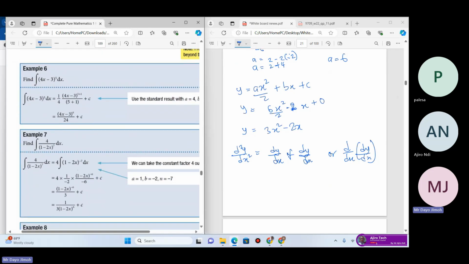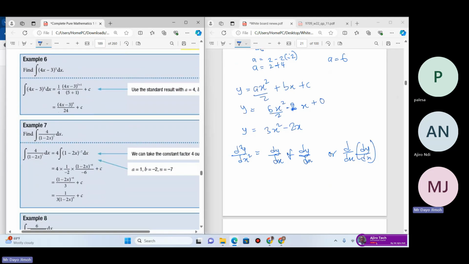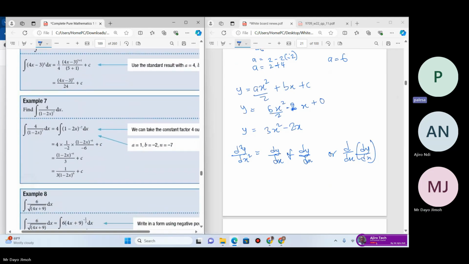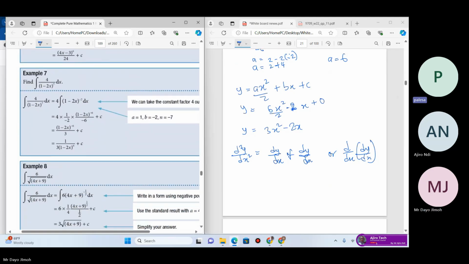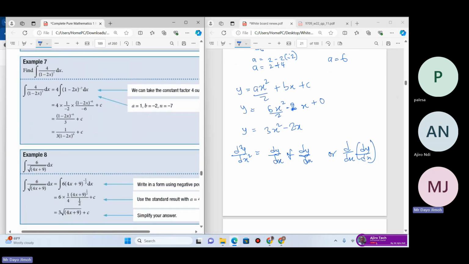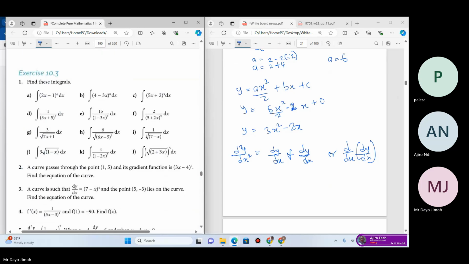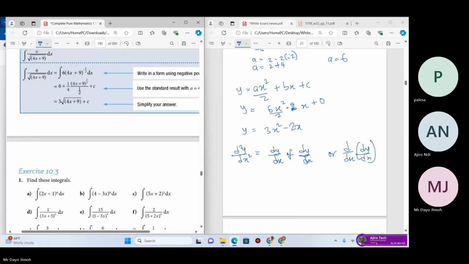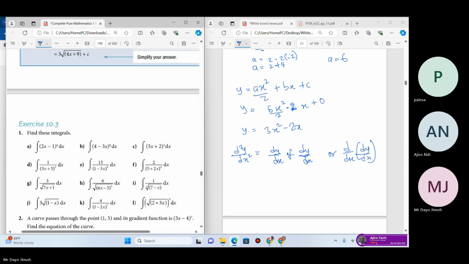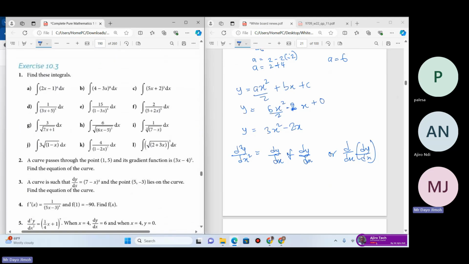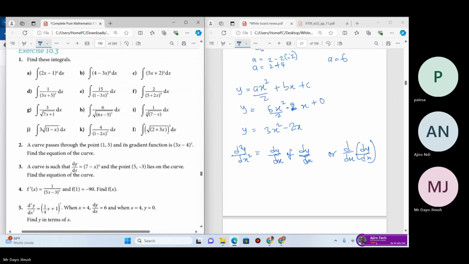So now integrating expressions in the form of that. Now I want to integrate something that looks like this. Now, when you have something like this, what you can do is to use chain rule.